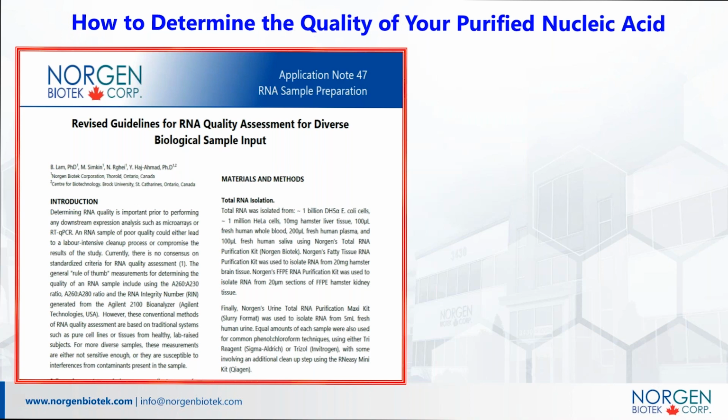Actually, these 260/280 numbers don't mean anything, because in this application note, which can be found on our webpage, we did a small experiment, but the results that came from this experiment were very important.